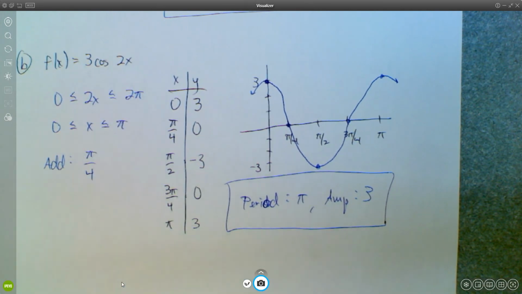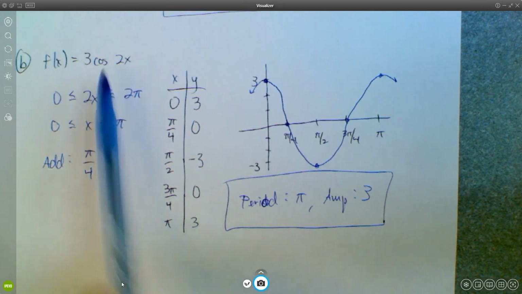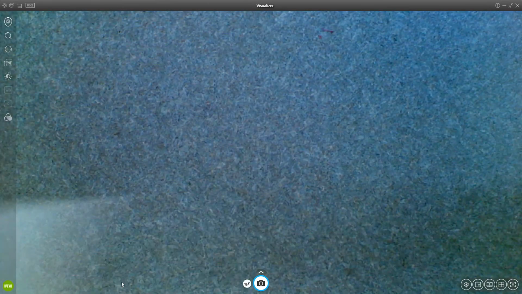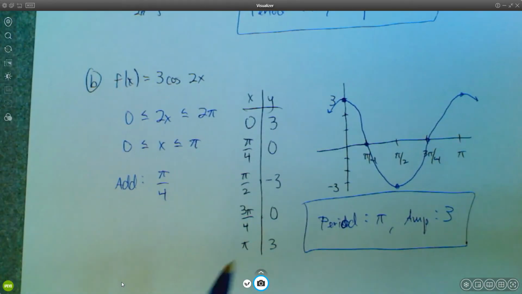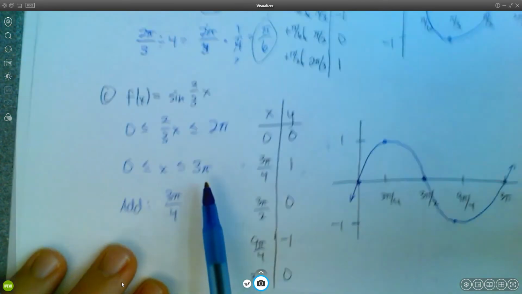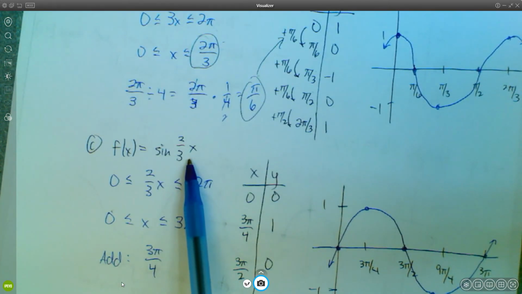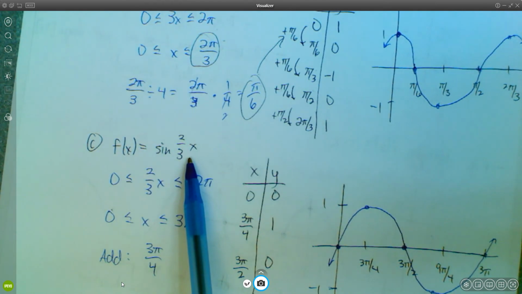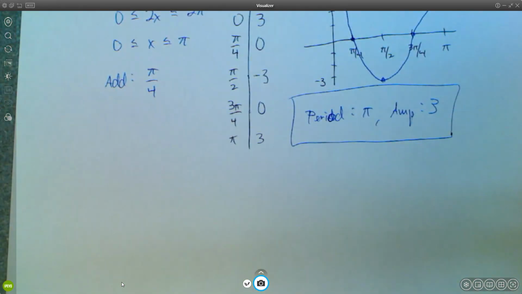So if the period is normally 2 pi, then in this case the period would be 2 pi divided by 2, which would just be pi. Same thing goes for these functions, right? So we found that this function had a period of 3 pi. Well, yeah, 2 pi divided by 2/3 is 3 pi, right? Anyway, so that's kind of a quick way to tell what your period is going to be.